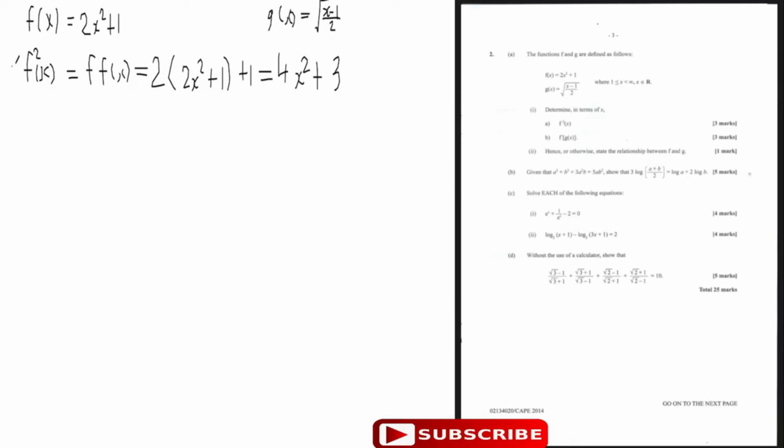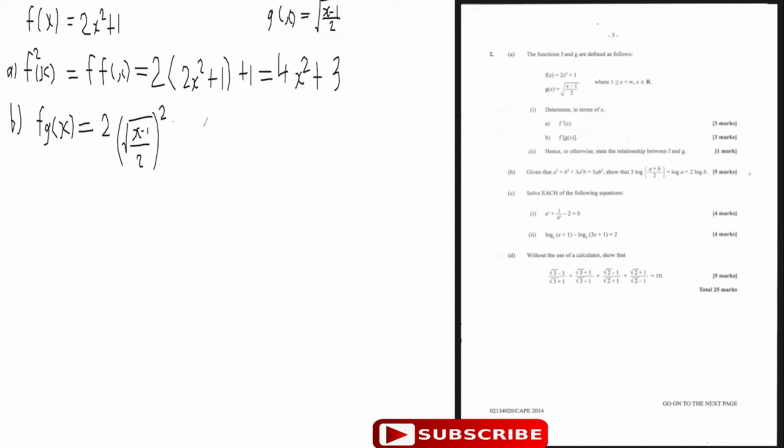So we've done part A. Part B, we want to find fg of x. Now, fg of x means you put g of x into f. So putting g of x into f, we're going to get 2 times x squared, where you replace x with the square root of x minus 1 over 2, all squared, plus 1.